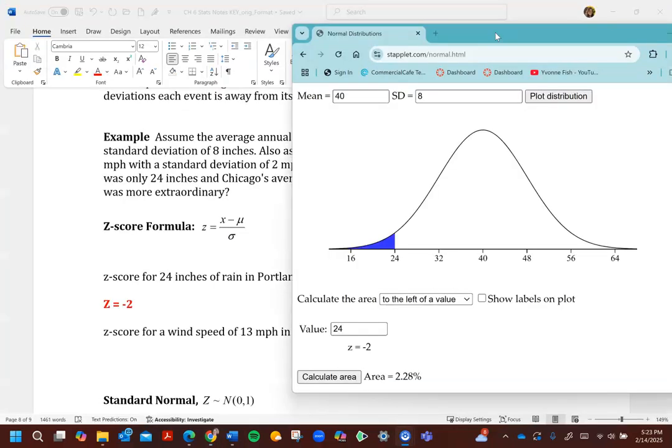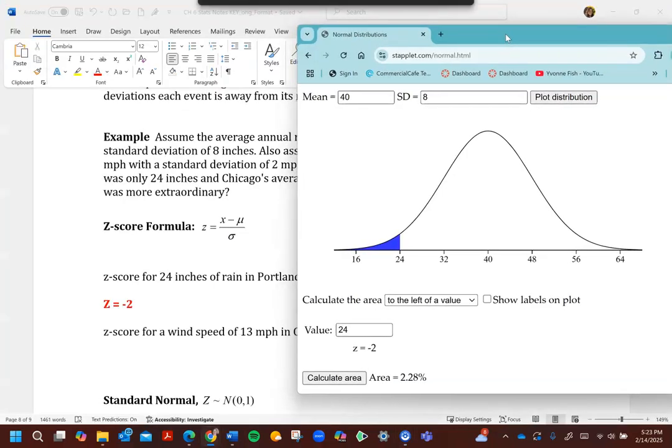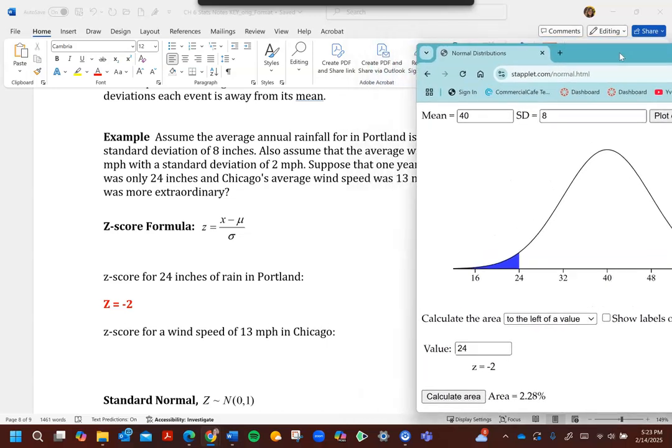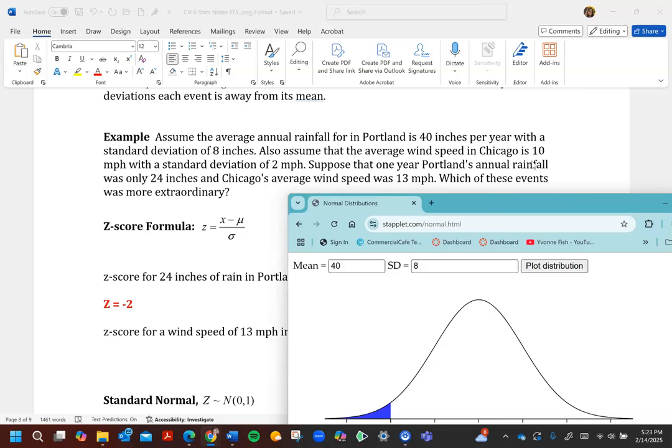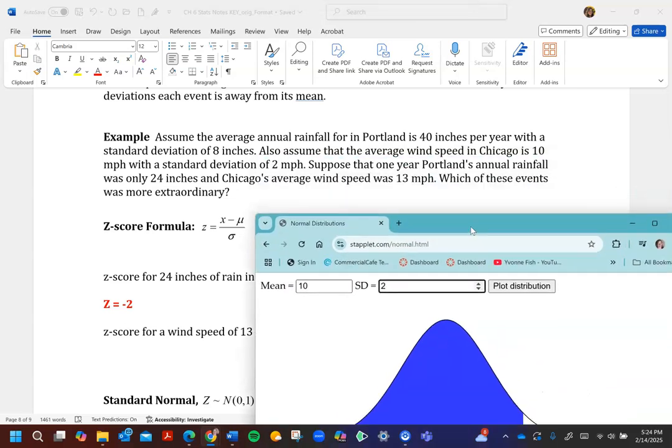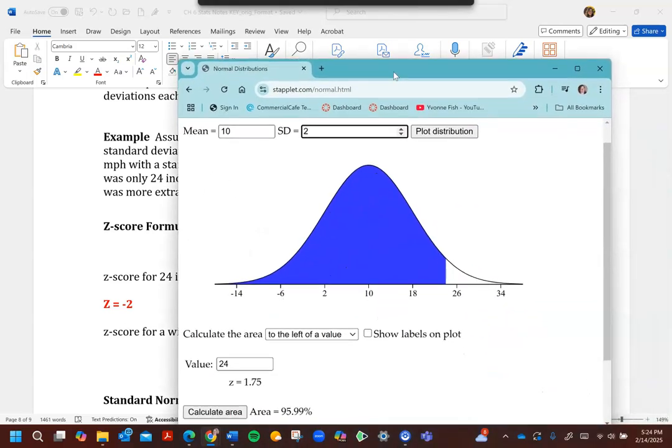Okay, so a couple things to note before we go into Statlet, that we're doing this Chicago problem. So we need to look at what their mean is now, 10 miles per hour. So we're going to add that in there, enter that in. And the standard deviation is 2 from the problem. And we're comparing to 13 miles per hour.